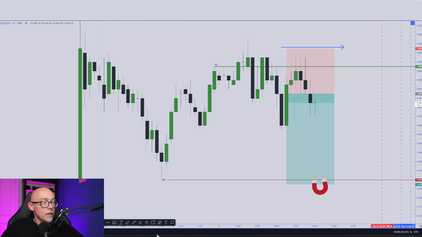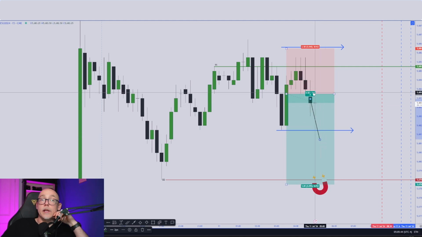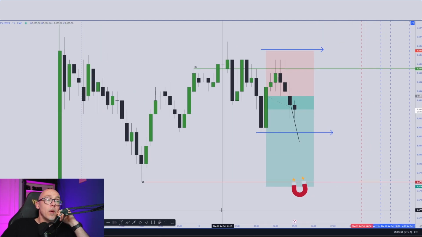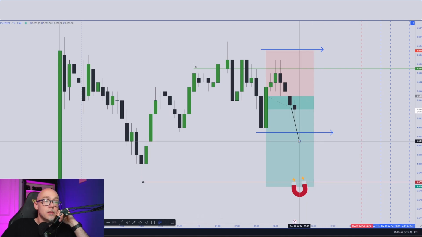So for example, if price breaks this low here, like this, can I move my stop loss to break even? For me, the answer is no. Why not? Because price can break a previous low, have a pullback, which is completely normal, before moving lower.